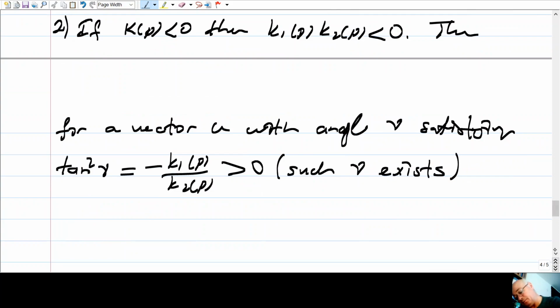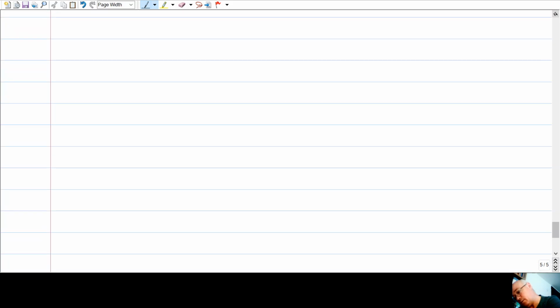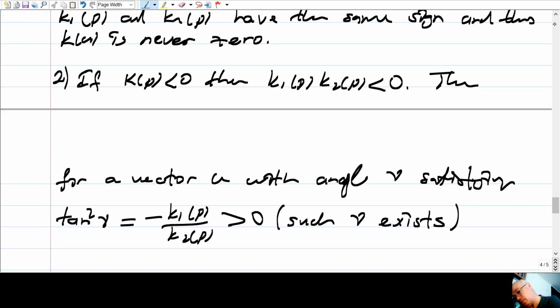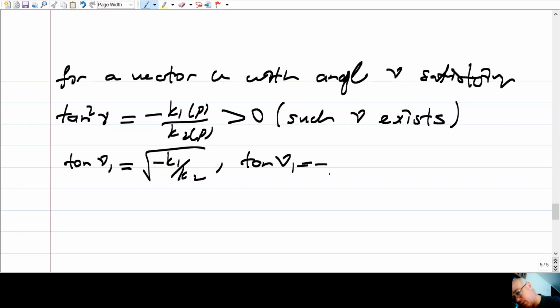In this case, tangent nu1 is the square root of minus k1 over k2, and tangent nu2, the second angle, is minus the square root of minus k1 over k2.